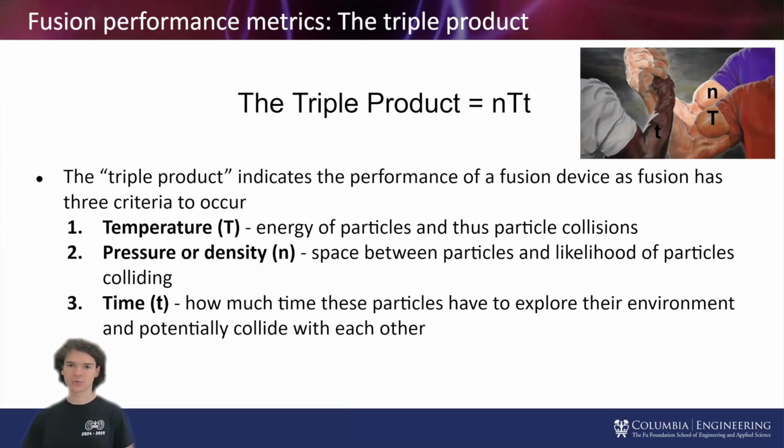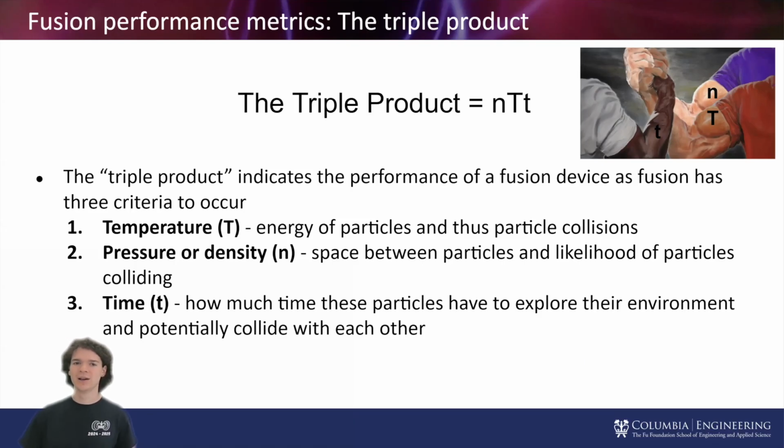The energy of particles will go up, and thus particle collisions will be more likely to do fusion. The pressure or density, or the space between particles, means that particles are more likely to collide if you have more density. And how much time the particles have to explore their environment as they randomly move around is also how much time they have to potentially collide with each other.